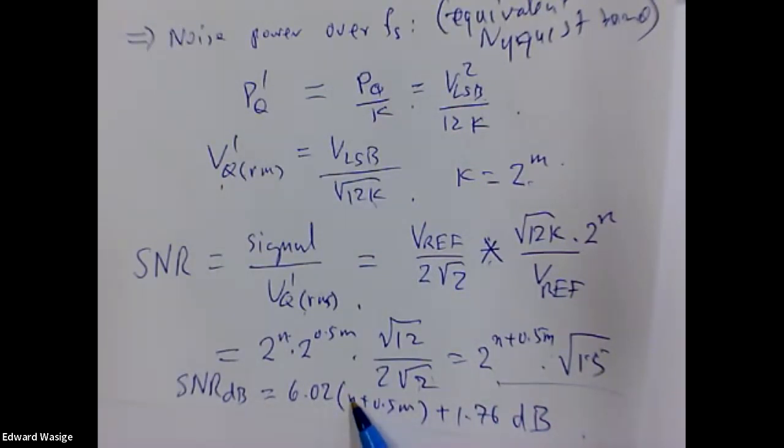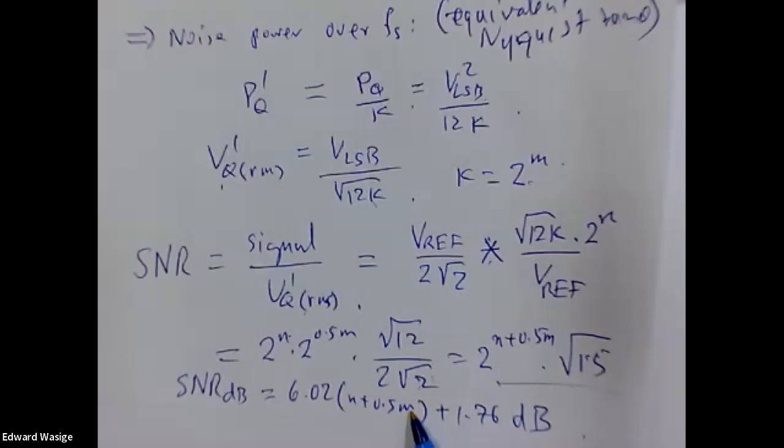We know that n represents the number of bits, and this expression tells us that we have n plus a quantity which is 0.5 m. So this 0.5 m essentially represents an improvement in the signal to noise ratio. If we choose m to be equal to 2, it corresponds to adding an extra bit to our ADC.